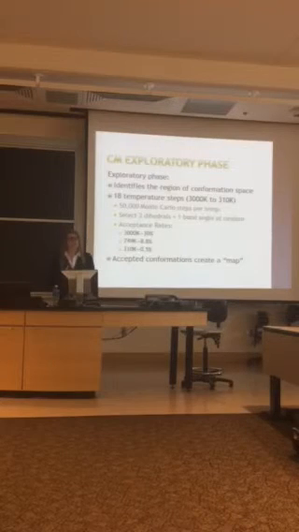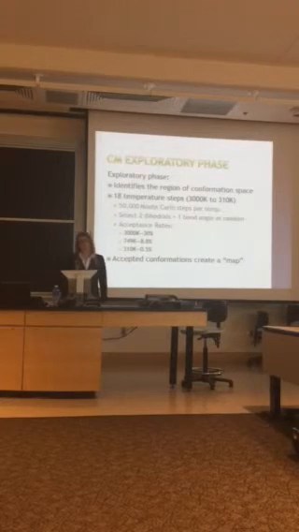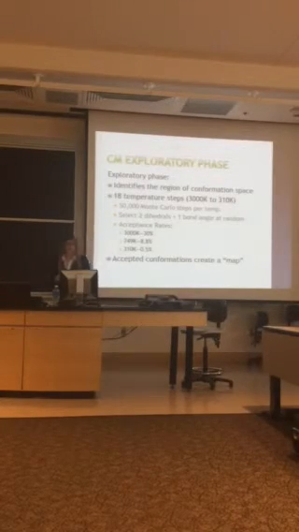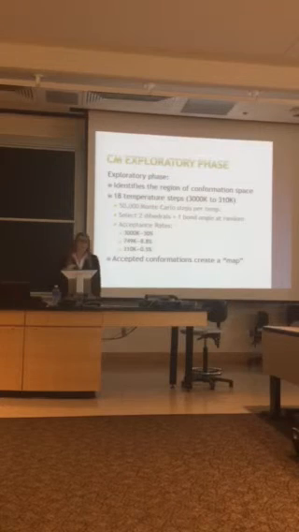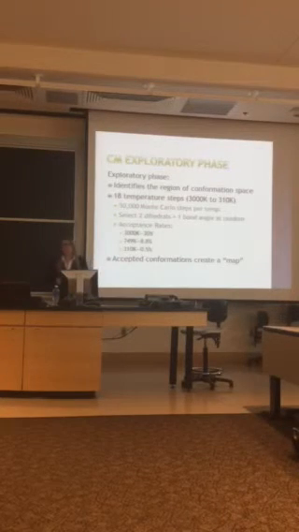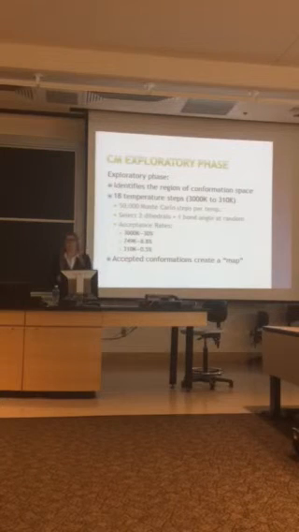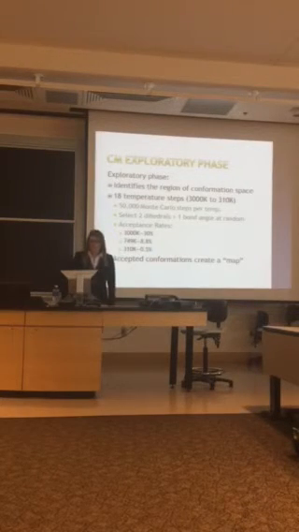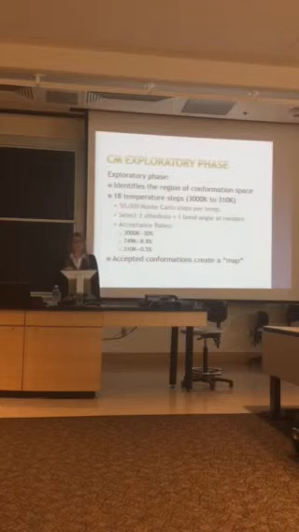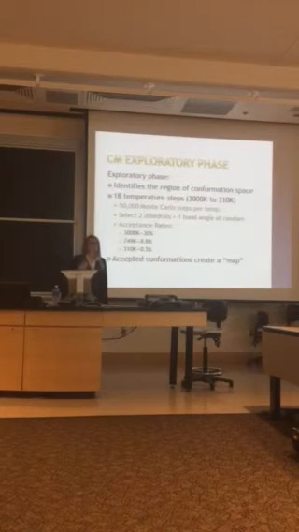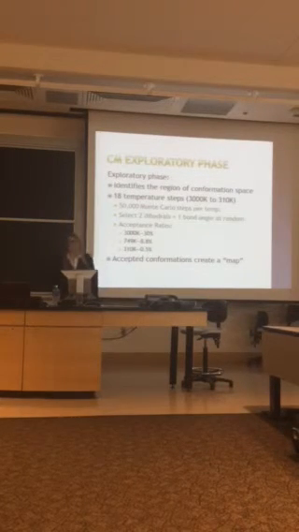At each of these steps, 2 dihedrals and 1 bond angle are going to be chosen at random, and they're going to be rotated at a random degree. This torsional movement is either going to be accepted or rejected, and I'm going to talk a little bit about that process in a second. But these accepted conformations are going to create a map, or these memories, that we're going to use in the bias phase.